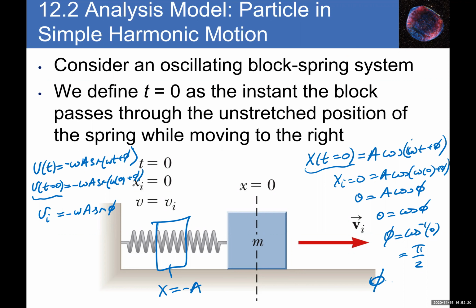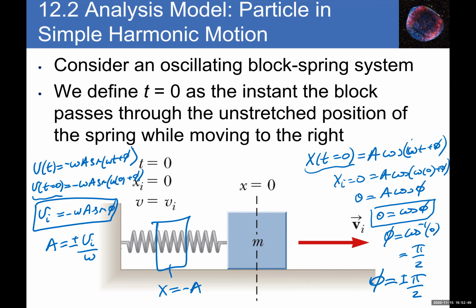From the position equation, phi is plus or minus pi over 2, because plus pi over 2 or minus pi over 2 gives me 0 for the cosine. Cosine of pi over 2 or cosine of negative pi over 2 gives me 0. From the velocity equation, I get a equals plus or minus v initial over omega.